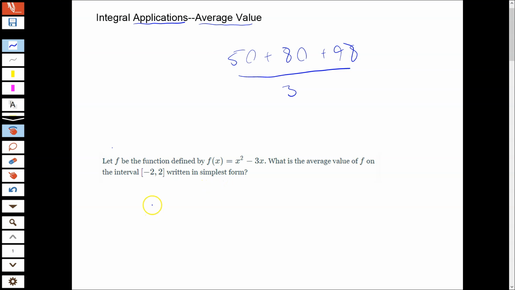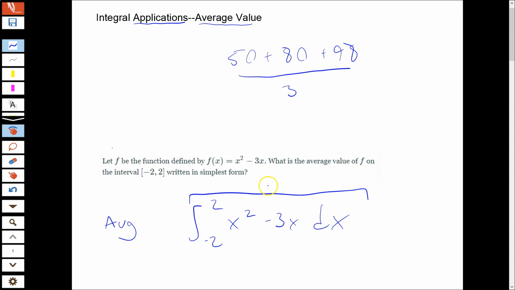So the way I would find the average value is I would take the integral of this function from -2 to 2 with respect to x, right? And what this is is the sum of all the values of the function.